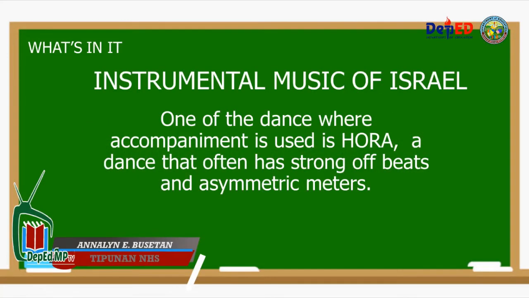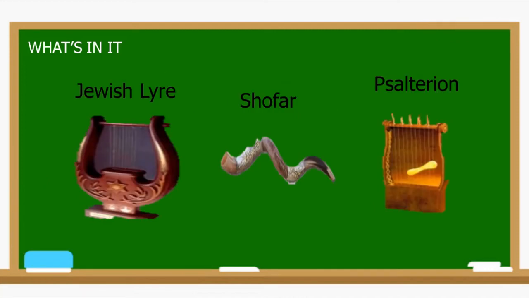And we have the instrumental music of Israel, one of the dances that often has strong offbeats and asymmetric meters. Here are the examples of the musical instruments of India.